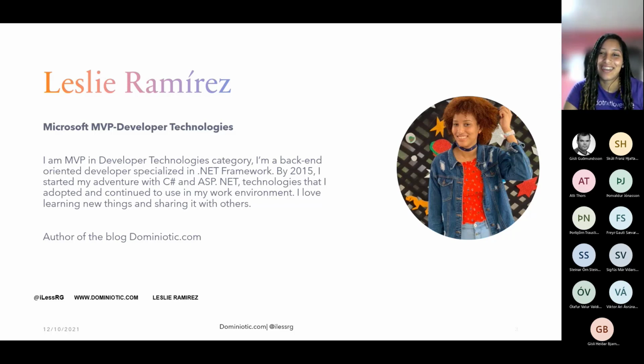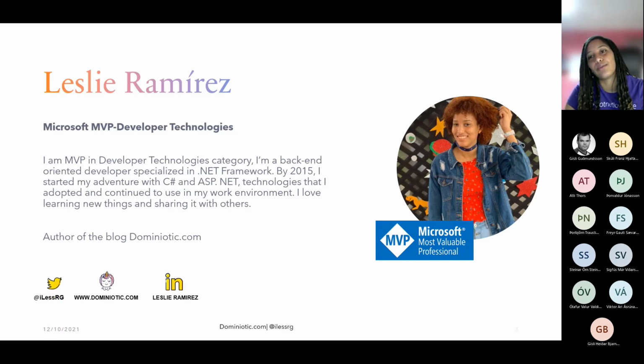I really like to learn new things and share with others, like in these events. I'm also the author of the blog dominicatic.com, a blog in Spanish for sharing content with the people of my community. But I also like to blog in Medium or in English to make sure this content is available to more people.